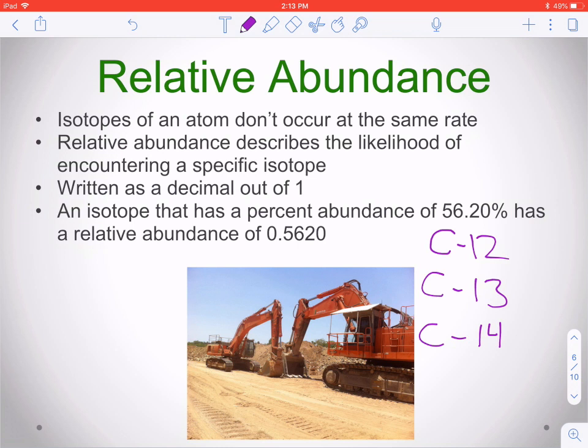Some occur more likely than others. So let's say that you have a given isotope and it has a percent abundance, that's how often it occurs, of 56.20% in nature. Just be mindful that when we use this in math, we're going to turn it into a decimal. So 56.20%, percent equals per 100 or over 100. That becomes 0.5620.